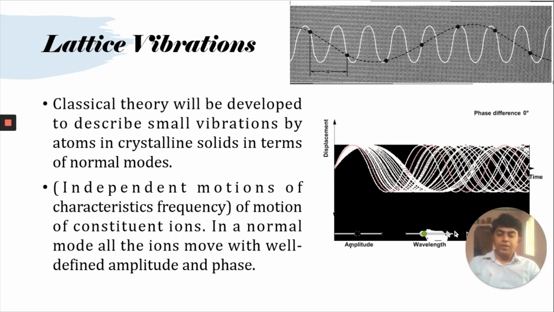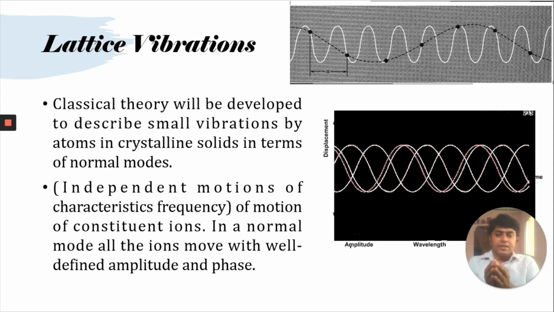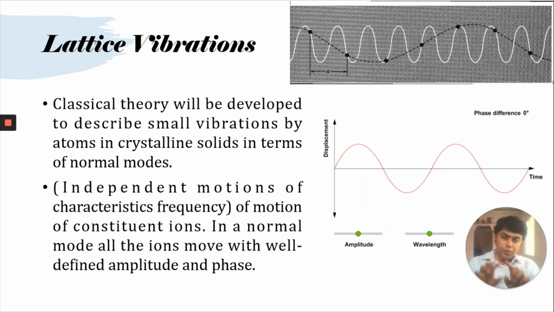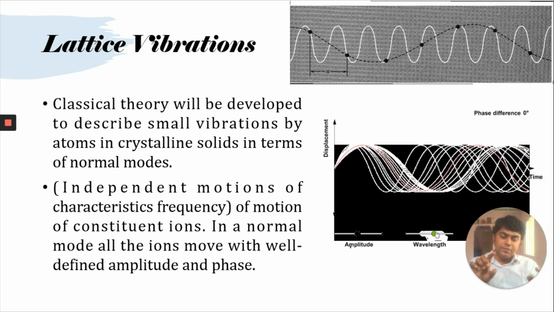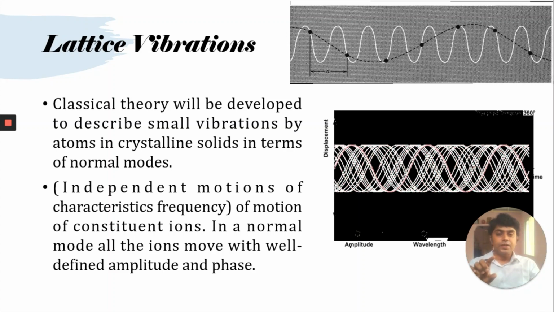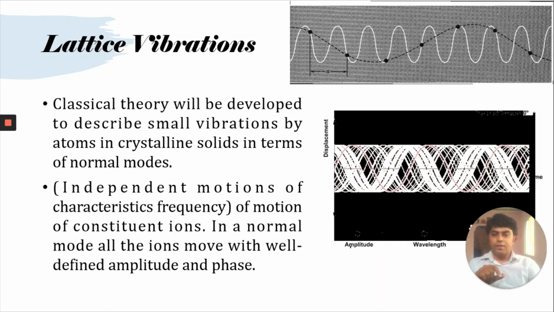Even phase is very important. If I consider a crystal structure and use a unit lattice, the vibration's amplitude, wavelength as well as phase can be different from the neighboring unit lattice. That constitutes an important understanding.